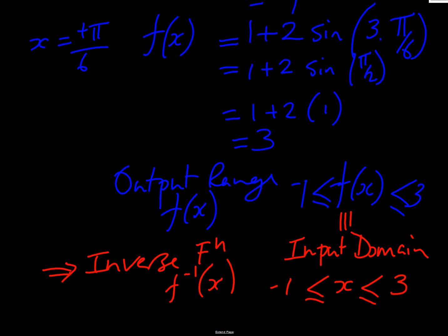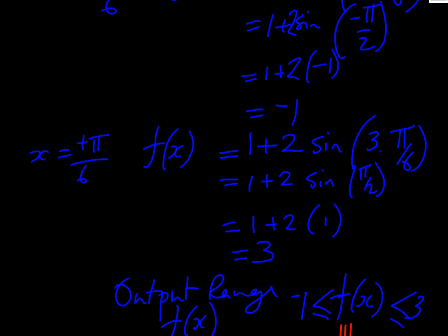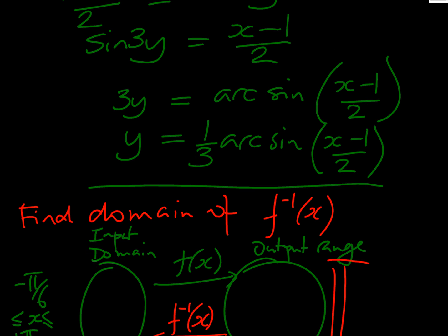So there we are, that's our second section of that. Let's just check the marks: we get 2 marks for finding this inverse domain, and we get 4 marks for finding the original function. So 4 marks for finding the function, 2 marks for the input domain of the inverse function.